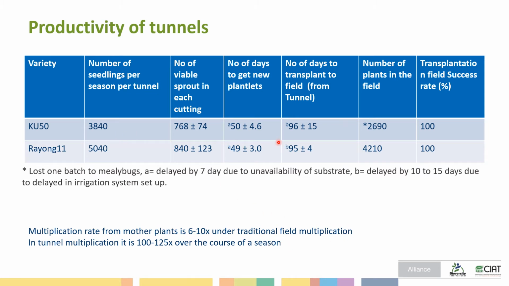The time taken is written here, and you can see that almost every 2 months we are getting about 1,000 planting material from each tunnel. So for 6 tunnels, you are getting 6,000 planting materials every 2 months.